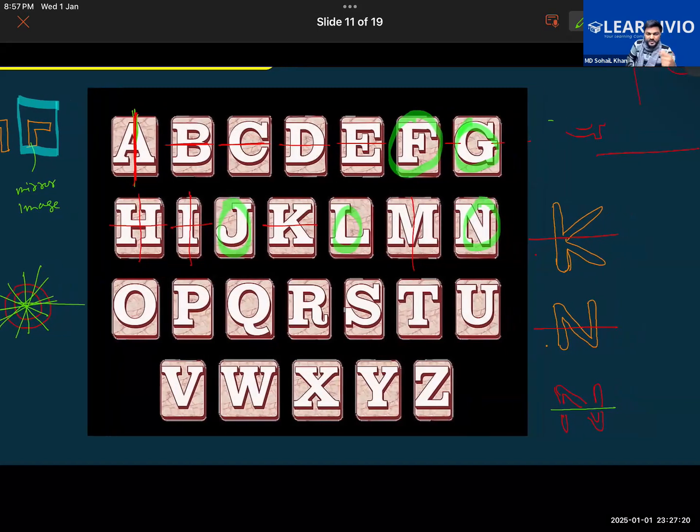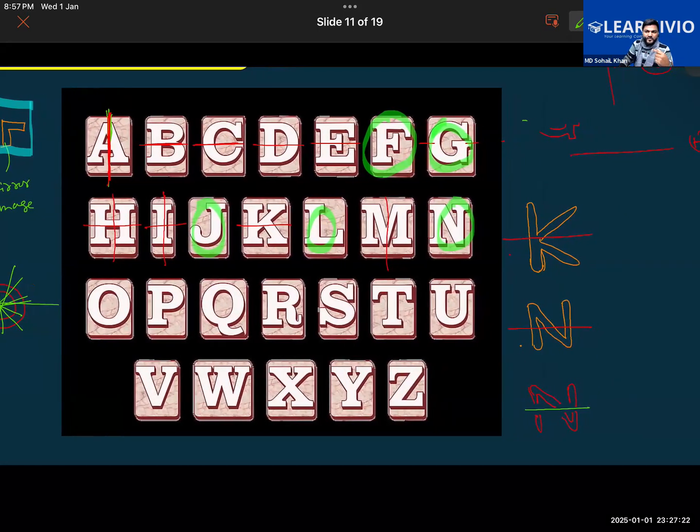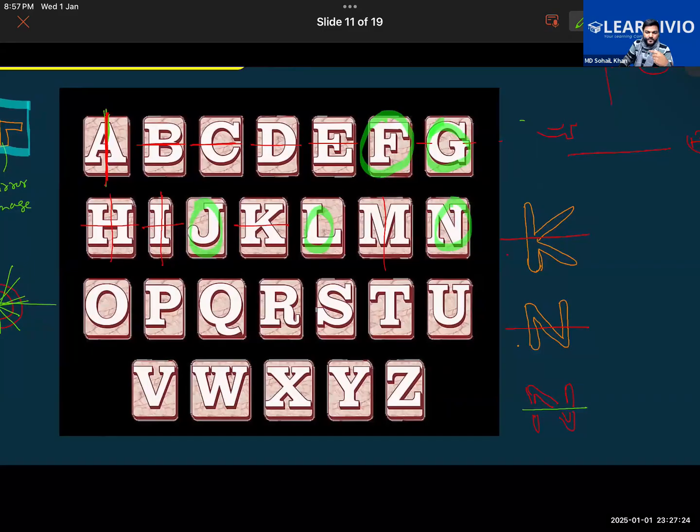They are infinite lines of symmetry of the letter O. Okay. What about P? No. Q? No. R? Horizontal line. No. It won't show any symmetry.